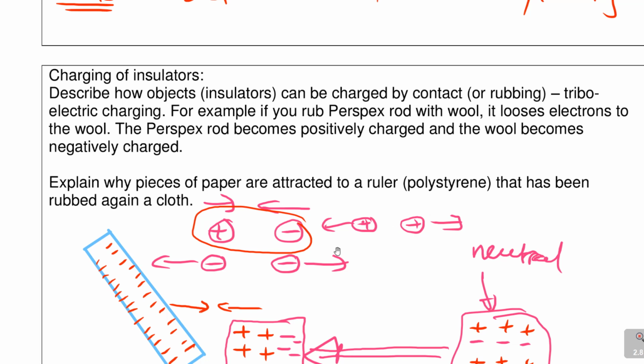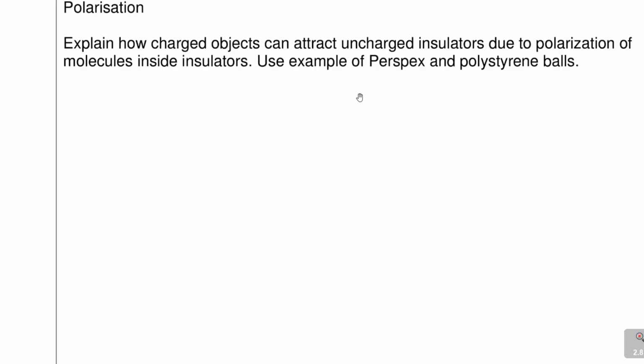Now, use the example of Perspex and polystyrene balls. Perspex is going to lose electrons. Pretend this is my polystyrene balls, hanging here like this.